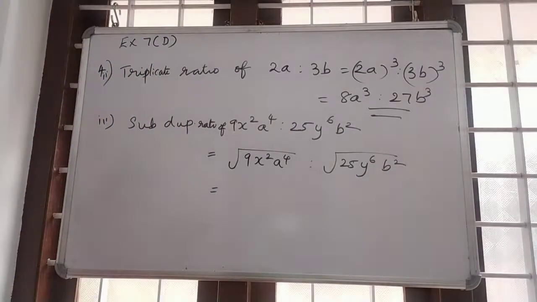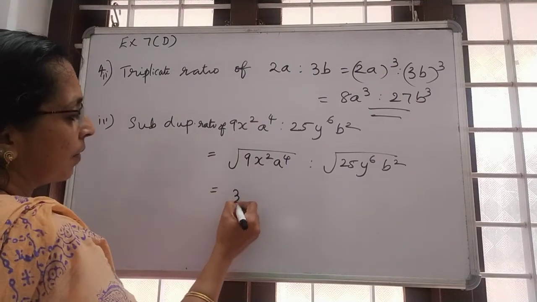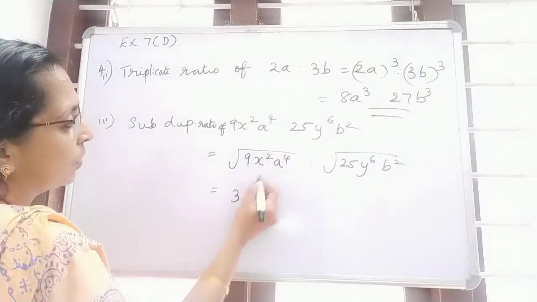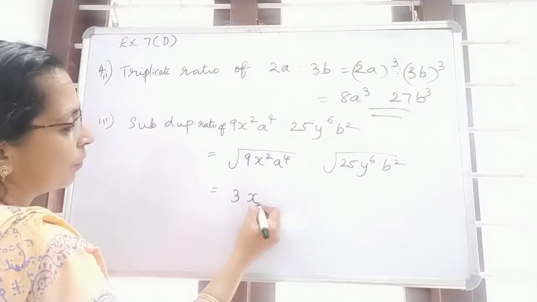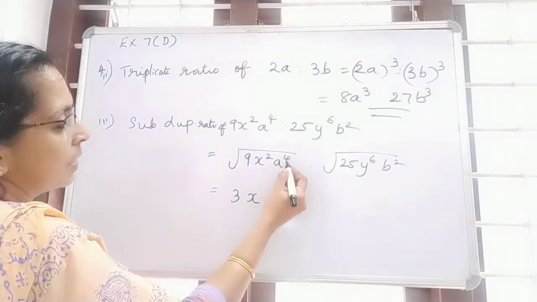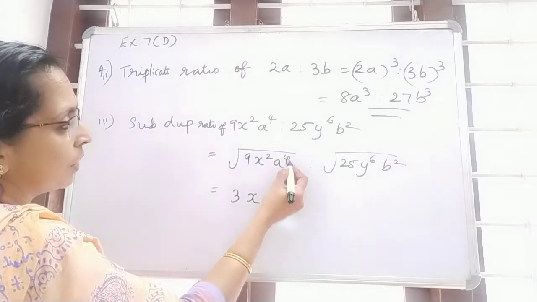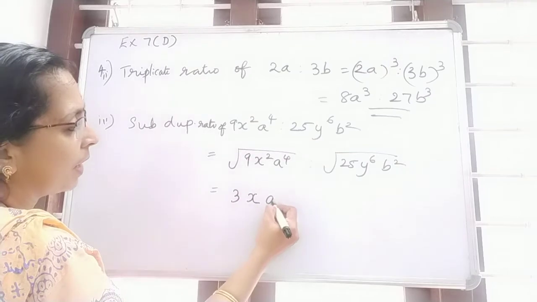So root of 9 is what? 3. 2x are there, so taking the square root, 1x will be here. A raised to 4, if you are taking the square root, it will be a raised to 2.